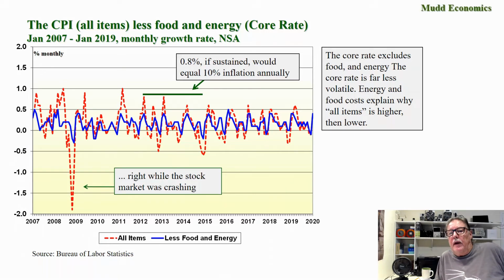And the reason for that is most of the volatility in the Consumer Price Index comes from the food and energy categories, especially the energy category, because as I said earlier, the price of gasoline and related prices is really volatile.